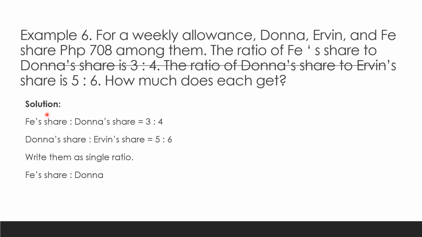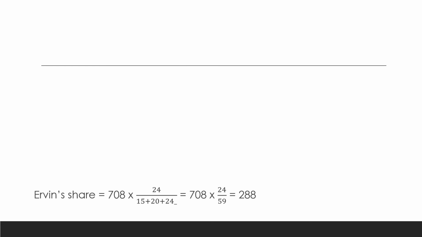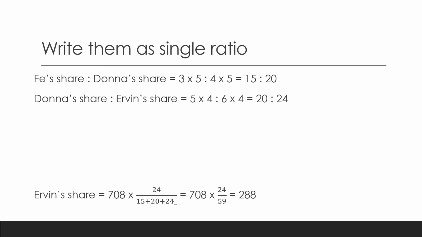So for our solution, that means Faye's share is to Donna's share is 3 is to 4. Donna's share to Ervin's share is 5 is to 6. So write them as a single ratio. So first we have Faye's share is to Donna's share. Faye's share is to Donna's share is 3 times 5 is to 4 times 5.